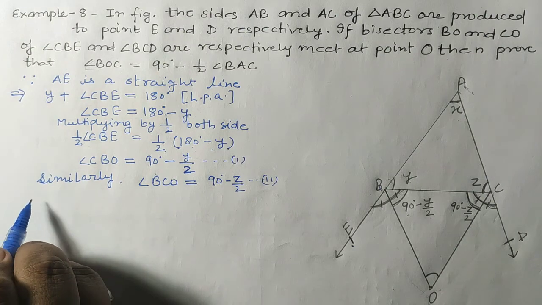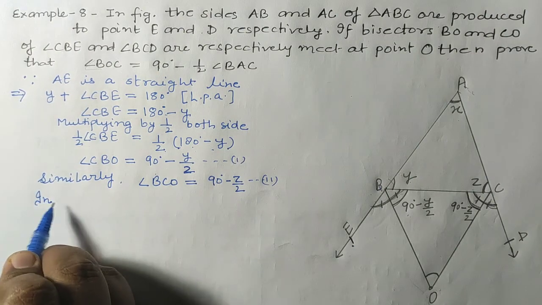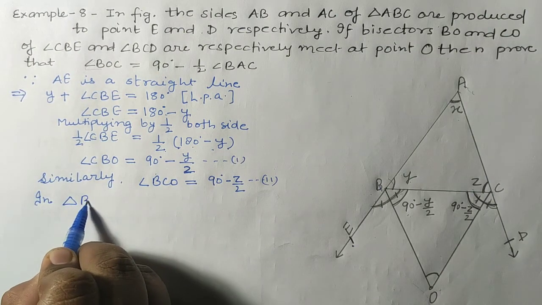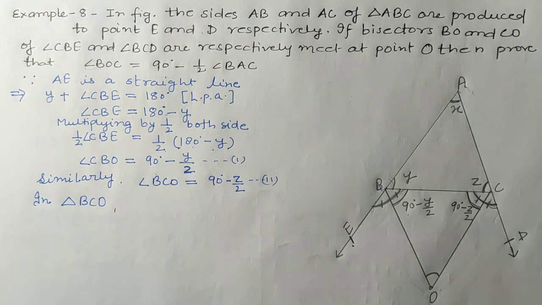Now students, see in triangle BCO, the sum of all these three angles should be equal to what? 180 degree.